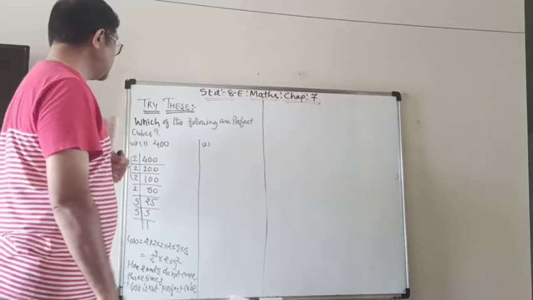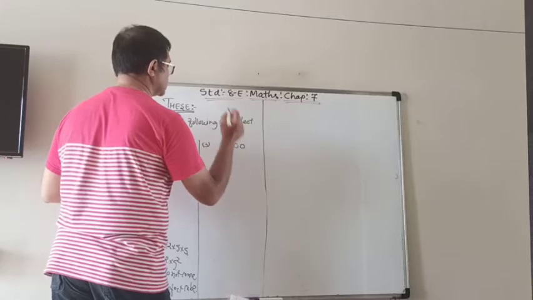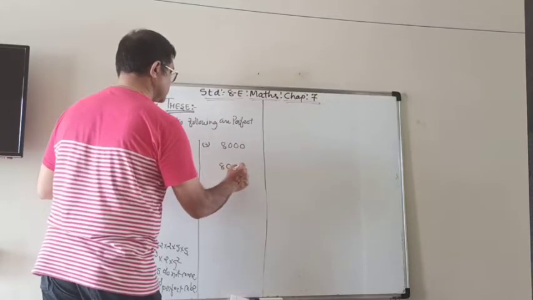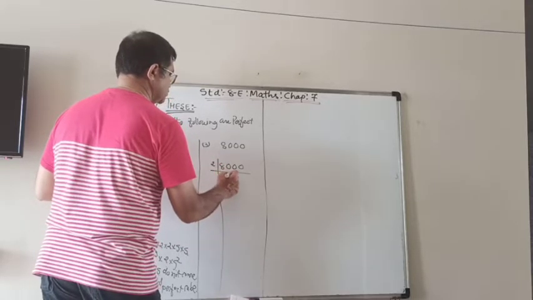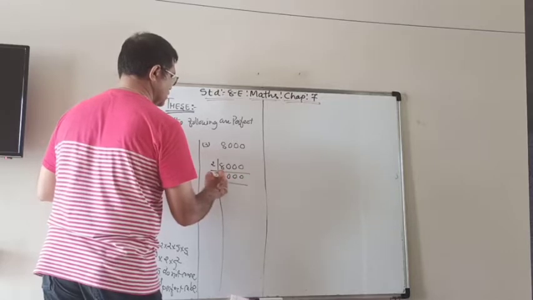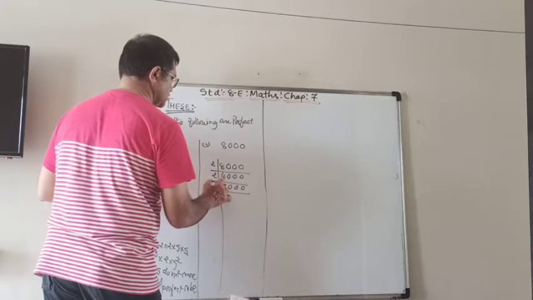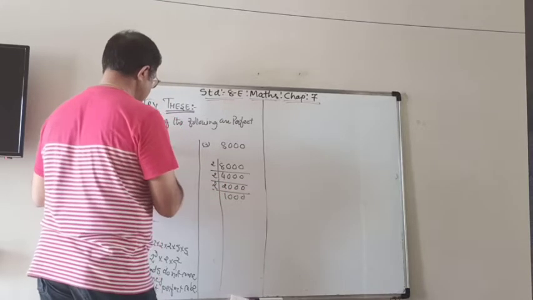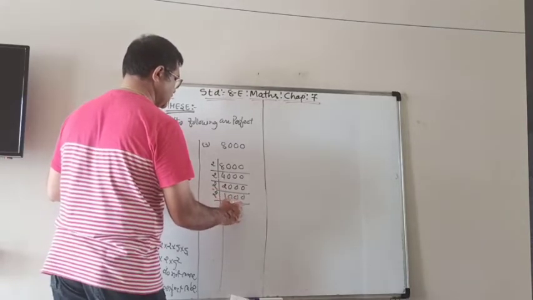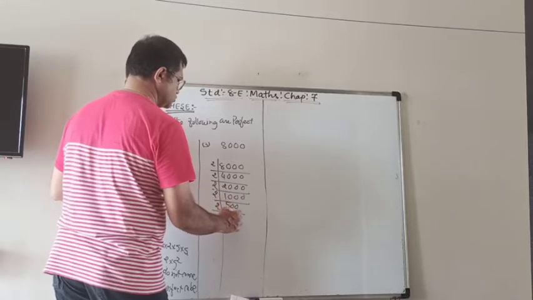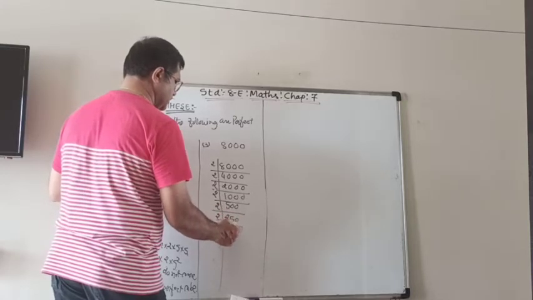Let's take the third one, 8,000. So now 8,000, 4 2s are 8, 2 2s are 4, 1,000, then we have 1,000, 2 5s are 10, so 500, 250, 125.